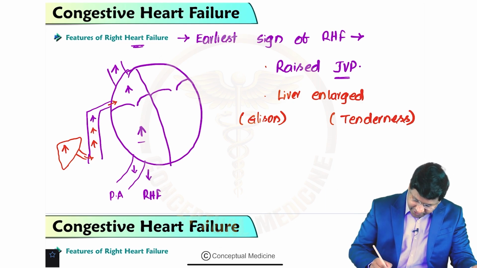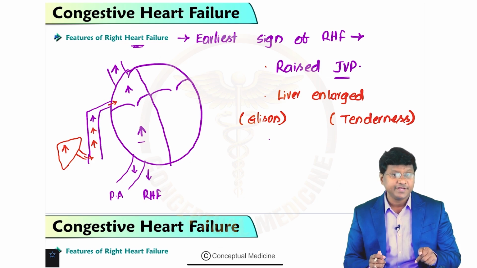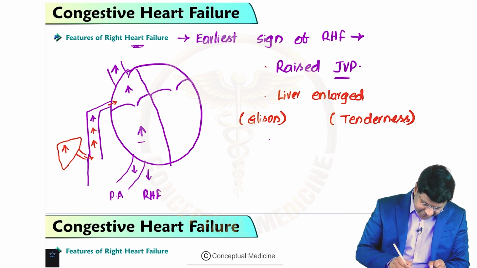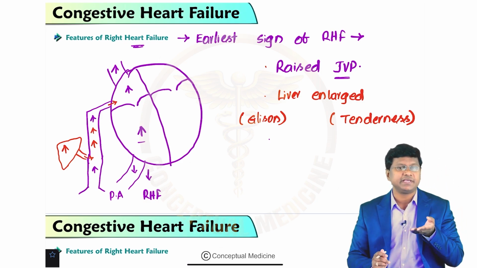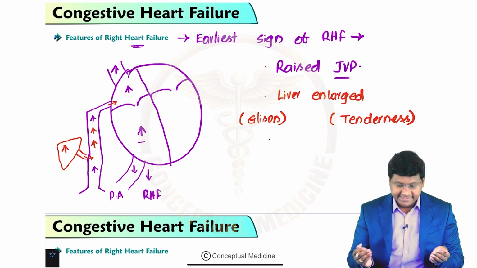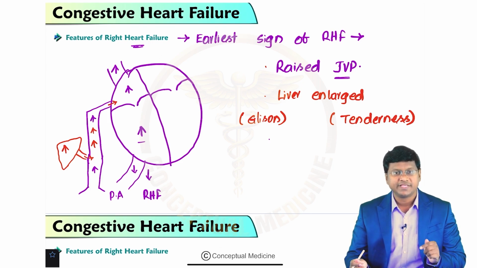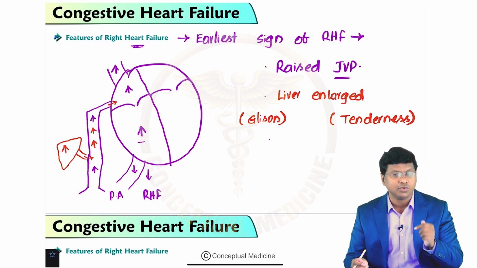And another important feature is that the inferior vena cava receives the blood from the lower limbs. So when the pressure in the inferior vena cava is increased, the lower limb veins cannot drain the blood into the inferior vena cava. So what will happen to the hydrostatic pressure in the lower limb veins?